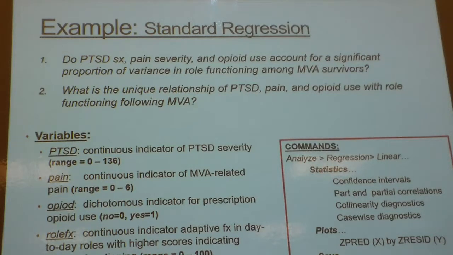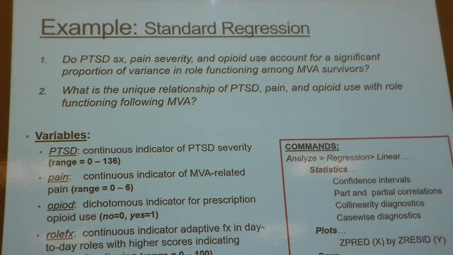Yeah, and what makes you say that we do have a relation between opiate use and role functioning? Yeah, right. So we do have a significant bivariate relation between opiate use and role functioning. Based on that correlation, who's doing worse, people who are on pain medications or who aren't? Yeah, people on pain medications are doing systematically worse in terms of role functioning.